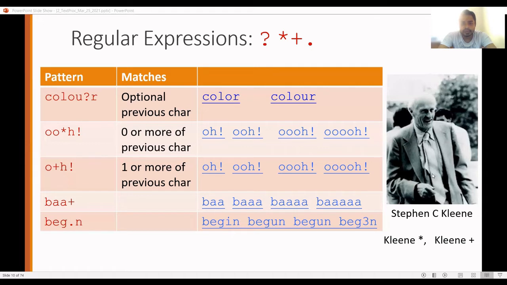So the regular expression for matching one or more A is AA star, meaning one A followed by zero or more A's. More complex patterns can also be repeated. So an expression like [ab] in square brackets and then a star means zero or more A's or B's.